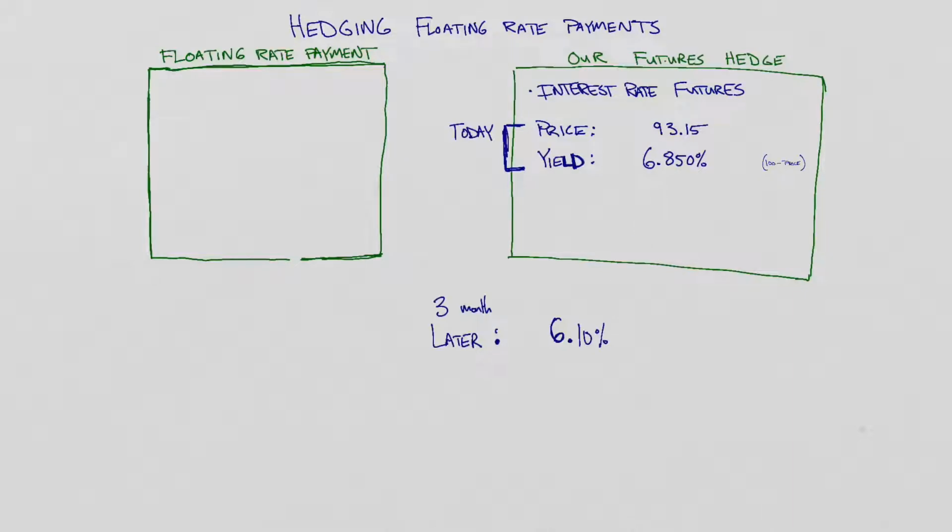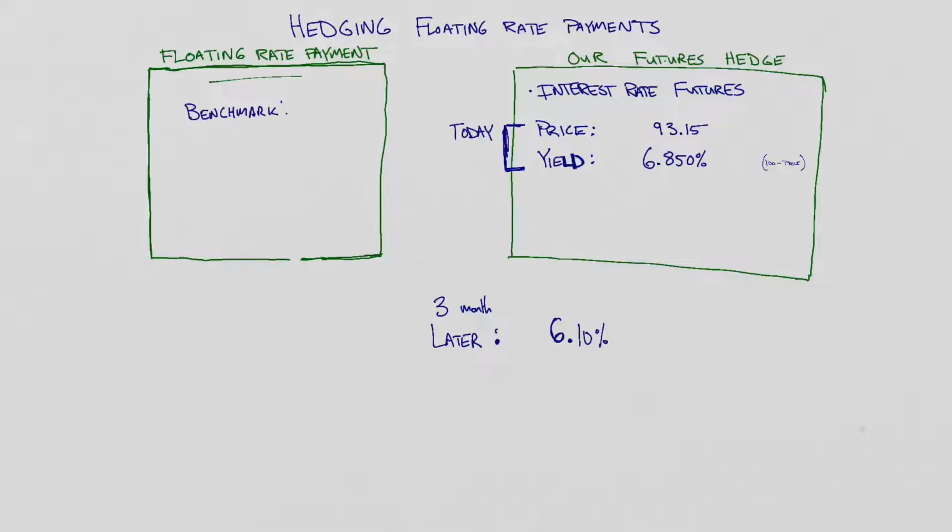On this side of the equation here, the corporation is making a floating rate payment. And let's abstract from credit risk for the moment and say, whatever this company pays, they're going to pay the benchmark of whatever benchmark interest rates are doing. And in this case, benchmark interest rates are 6.1%.